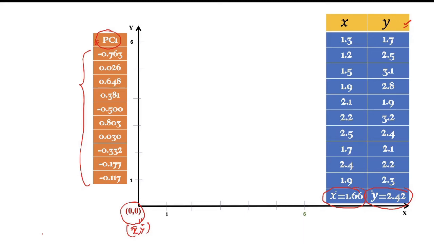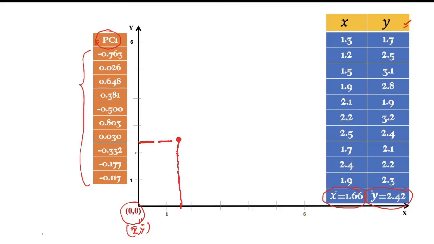X bar is 1.66, which is somewhere here, and 2.42 on the y-axis is somewhere here. If we plot this point, it will be somewhere here.